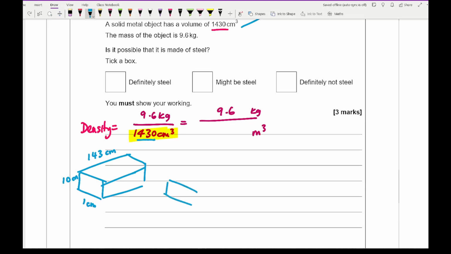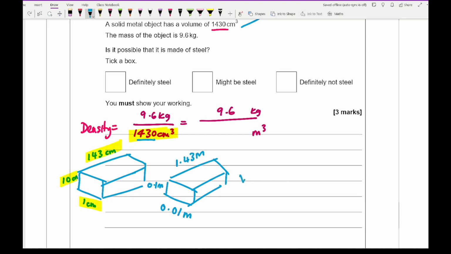Now if I try and draw an equivalent cuboid, but this time I'm going to convert all of these units into metres. 143 centimetres is going to be 1.43 metres, 10 centimetres is going to be 0.1 metres, and 1 centimetre is going to be 1 divided by 100, which is 0.01 metre.